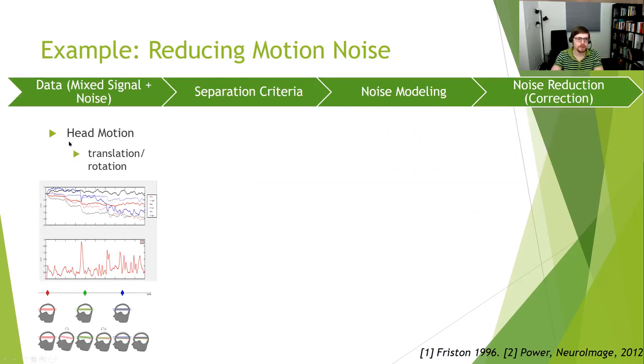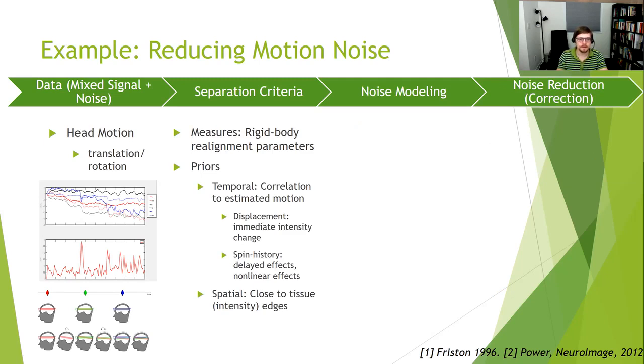So if we have had motion in our time series, it's translation and rotation because the head is a rigid body. And the separation criteria could be related to our image processing. So we have realigned our data, and then we get parameters from that, rigid body realignment parameters. And priors can be related to some assumptions of the effects of this motion.